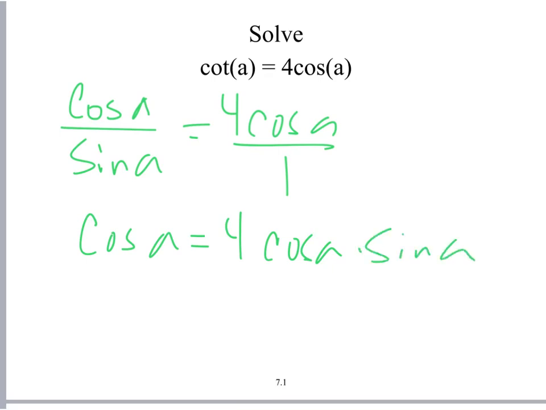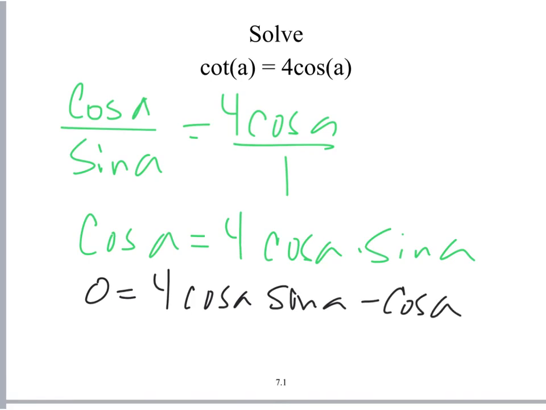And then I'm going to move everything over to one side. I think what I'm going to do is subtract the cosine A from the left. So 0 equals 4 cosine A times the sine of A minus the cosine of A. Some of you might be tempted to divide both sides by cosine, but potentially you could be losing an answer.